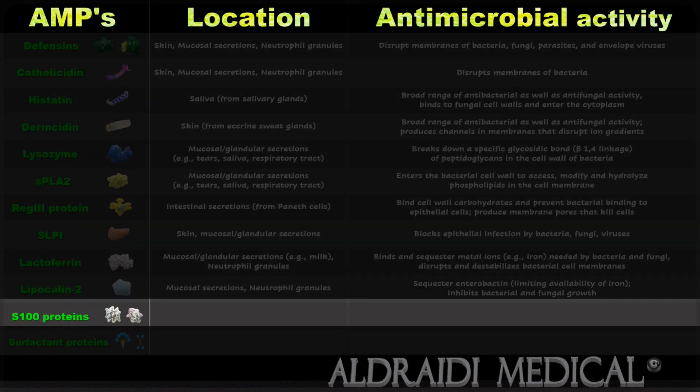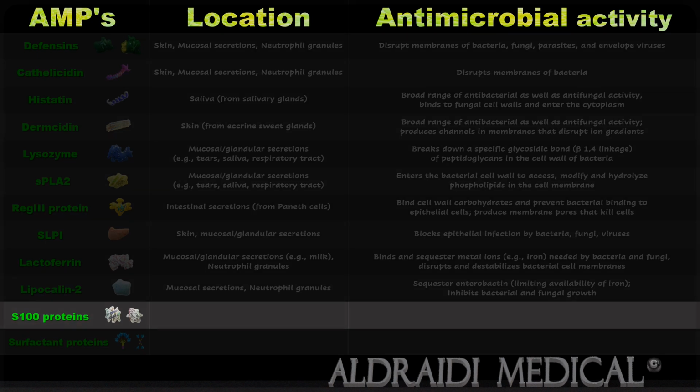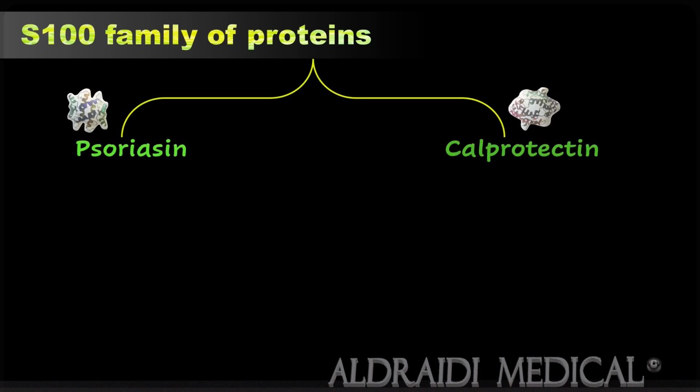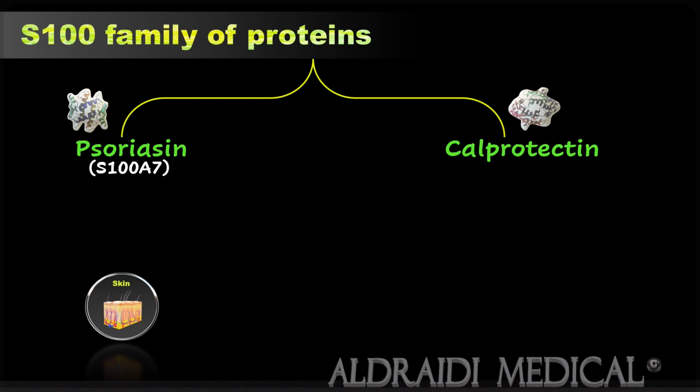Next, we have the S100 proteins. We have two members of the S100 family of proteins named Psoriasin and Calprotectin. The S100 family are calcium-binding proteins that show potent antimicrobial activity. Psoriasin, or S100A7, is a protein produced by keratinocytes, and it can be found on the surface of the skin secreted by sweat.